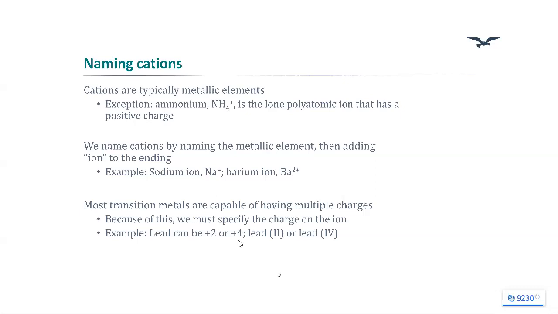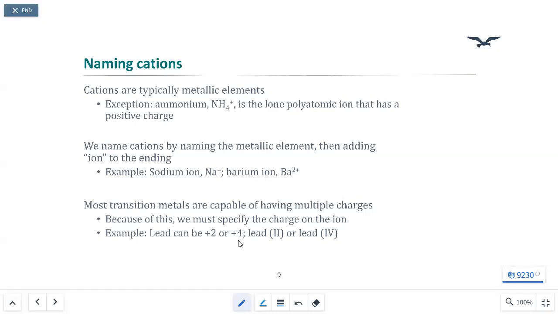The Roman numerals tell us the charge on the ion. And that's important to note. The Roman numeral does not give us the subscript in the chemical formula. It gives us the charge on the ion. So lead, for example. We know lead as either being +2 in charge or +4 in charge.